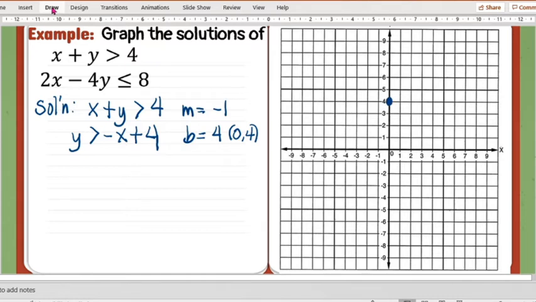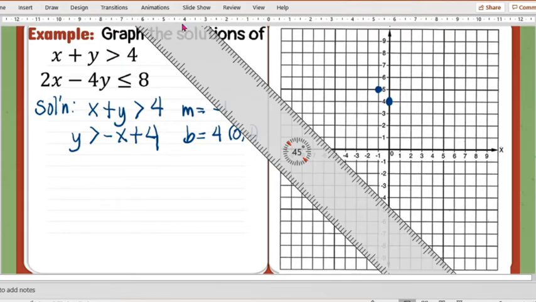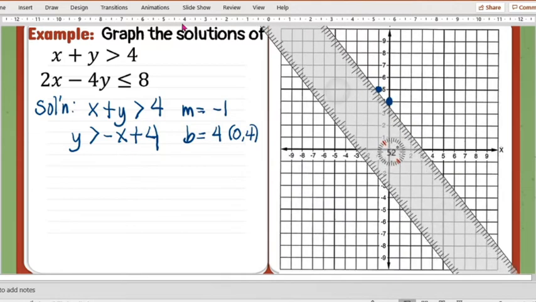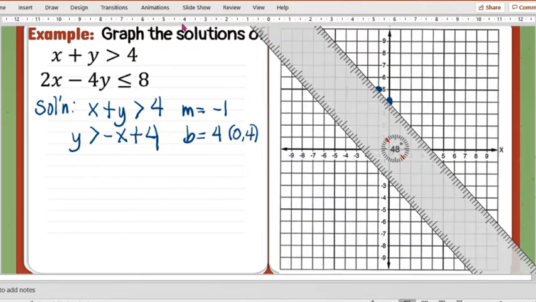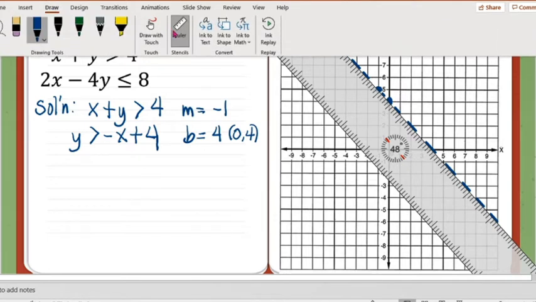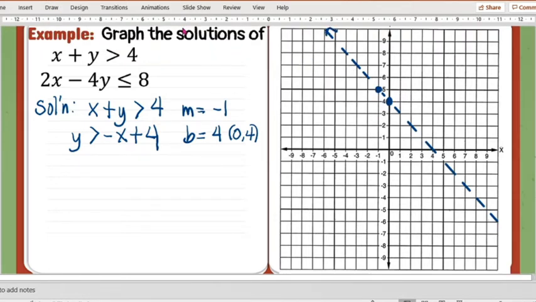And then I'm going to rise 1 and run 1 to the left side because the slope is negative. Then I'm going to use a broken line as the boundary line because our given has no equal to. So, I put a broken line here, with arrowheads.